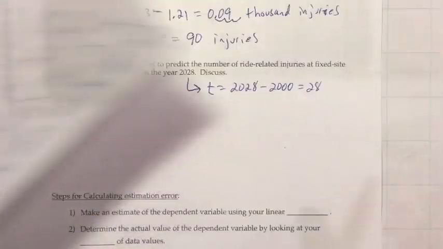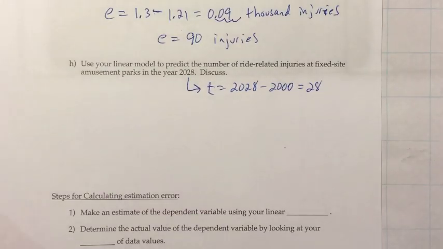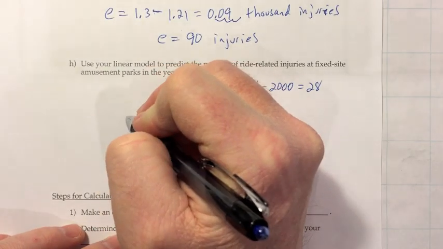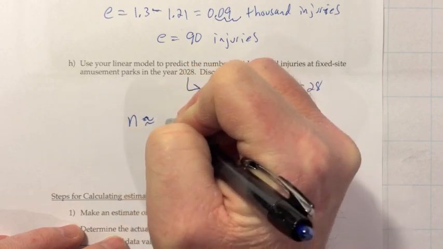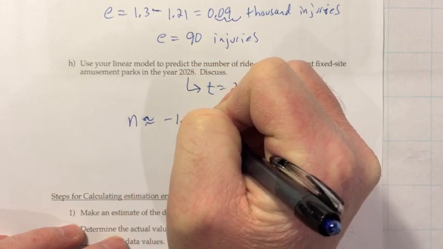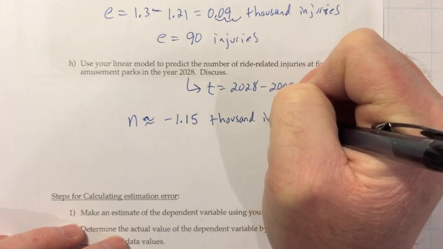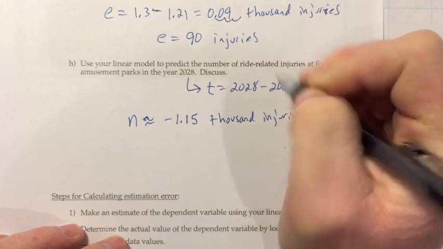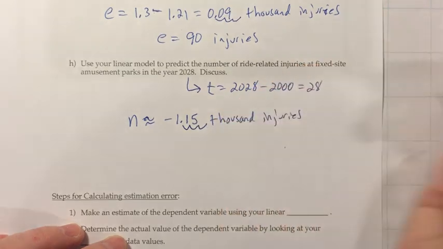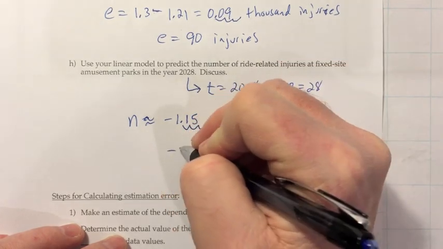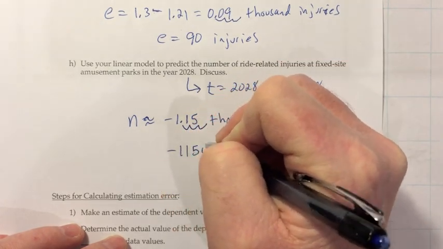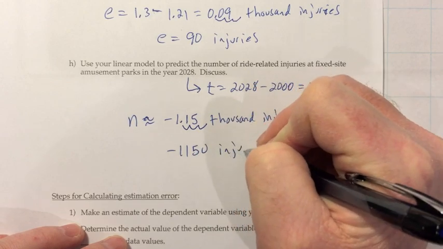You're going to see in a moment how accurately we get that is not terribly important, but it looks like n is approximately negative 1.15. And then what is that? That's 1,000 injuries. And we could multiply by 1,000, which would move that over 3 spots, negative 1,150 injuries.